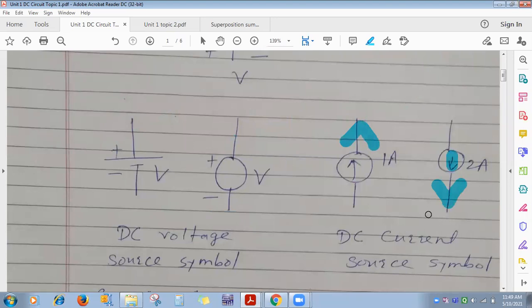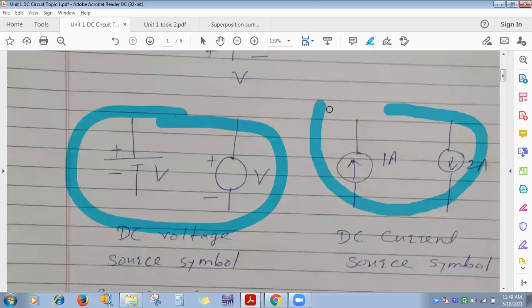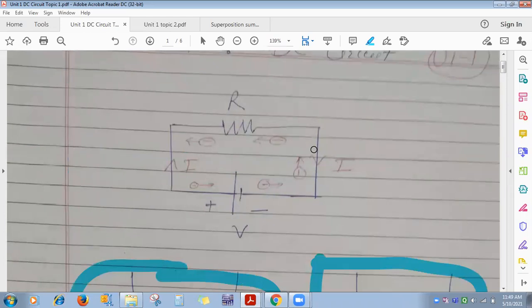Whatever circuits you are going to simplify in this unit, it has DC voltage source, DC current source, only DC voltage source or DC current source, or both. Number of sources can be 1, 2 or more than that. This is about the sources. What about the circuit parameters? Circuit parameters are which ones?